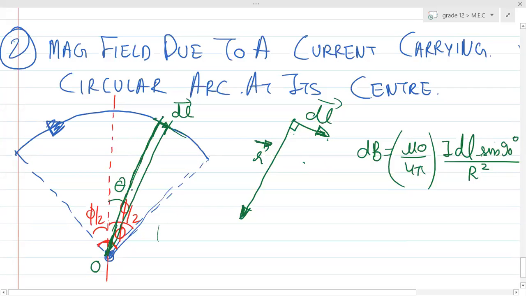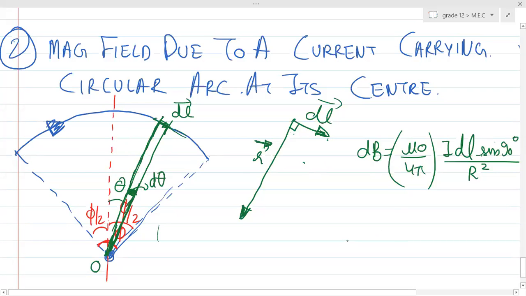Can you see the green is different? The red part is just for the limit. The green part is basically the element which we are choosing. The element has a small angle d theta, which this element subtends at the center.